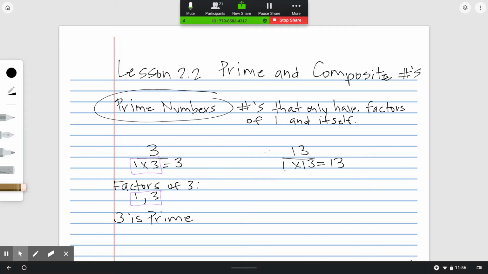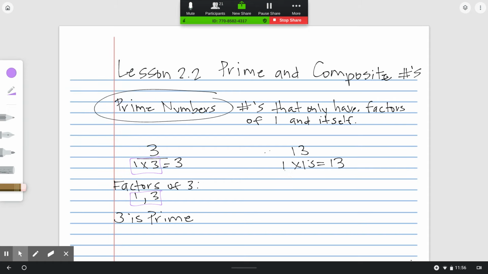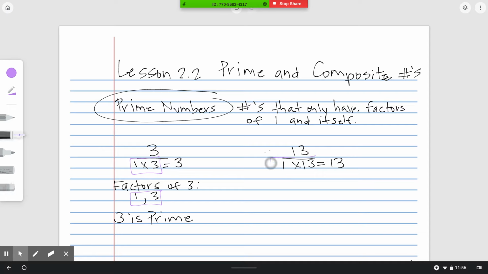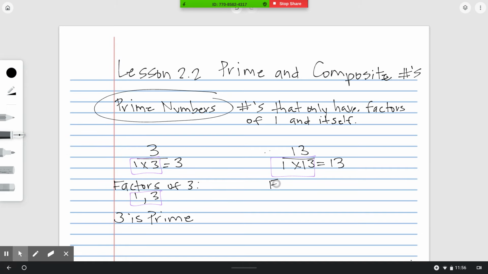Okay, so I'm kind of running out of a list of things, right? If I haven't doubled already, I probably won't. So let me highlight this in purple, or you can square it off with your pencil. So I know factors of 13 are only 1 and 13, the number 1 and itself.